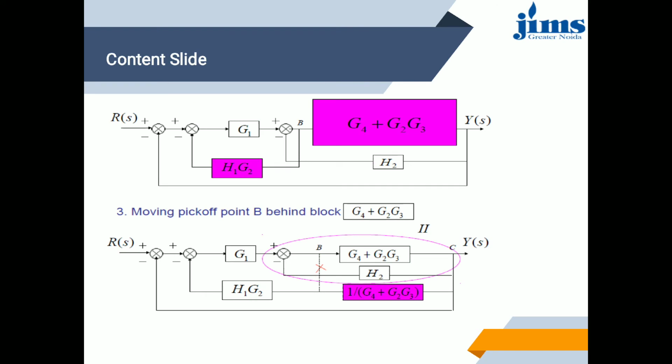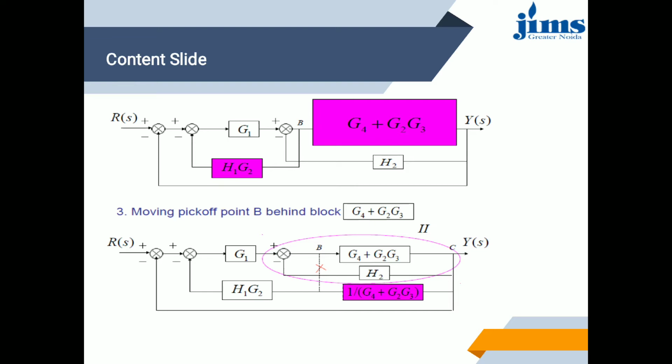Now step number 2. We have this closed loop, and by solving this we have got G4 plus G2 into G3. Next we can see this is also a closed loop. For that, we need to shift this point B somewhere.